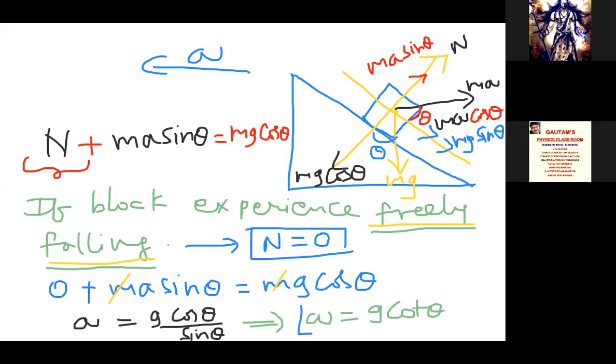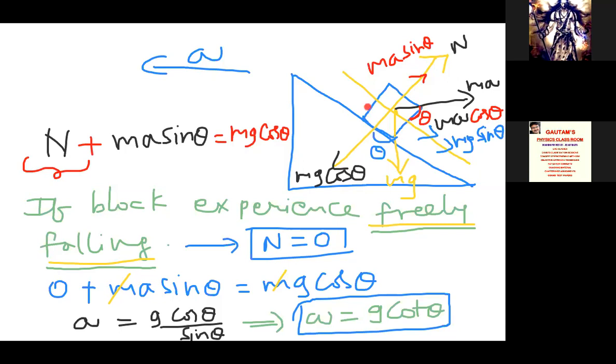That means if the acceleration of this inclined plane or wedge is equal to g cot theta, then the block on the inclined plane experiences the freely falling situation.